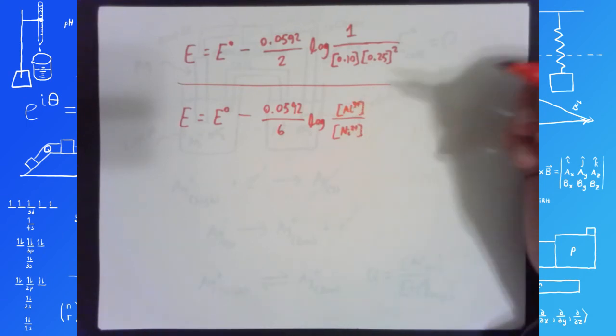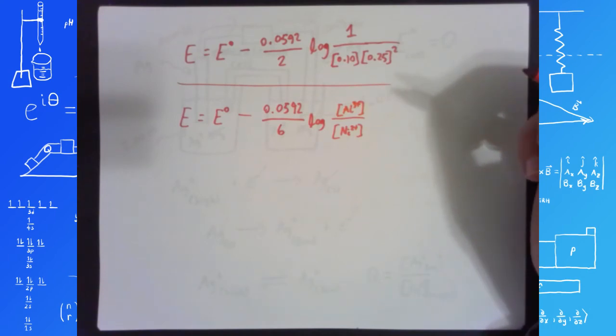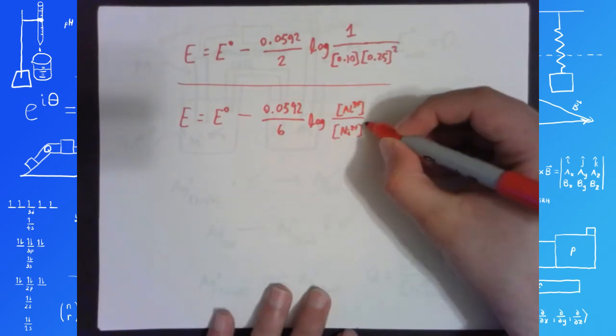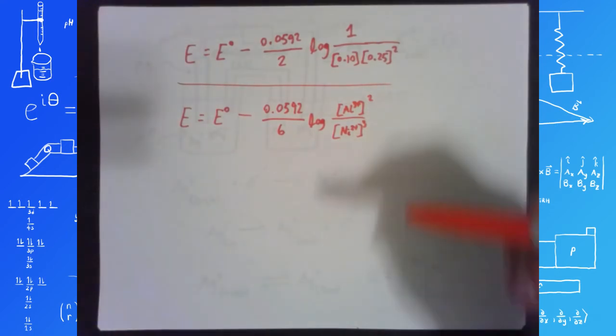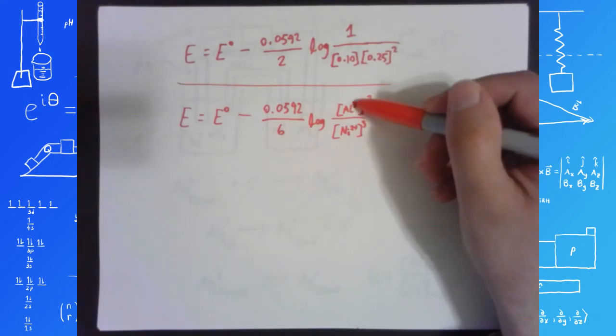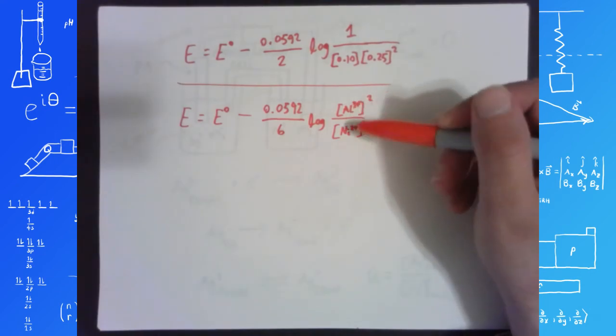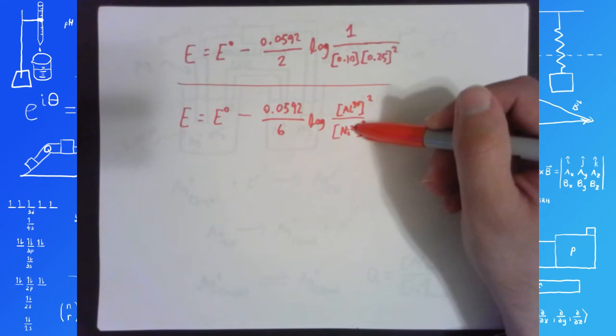And I guess you would have to raise them to the appropriate powers. So the aluminum would be multiplied by 2 and the nickel by 3 before balancing. So this will be squared and that will be cubed. And for aluminum, they said 0.015 molar. For nickel, it's 0.25.